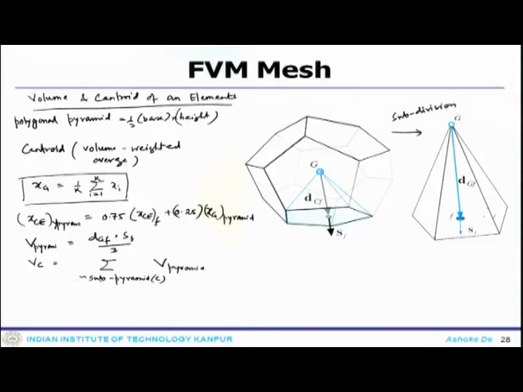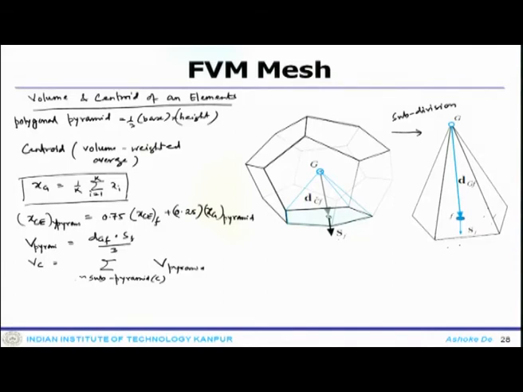Like our previous case, where the tetra was divided into sub triangles, similarly this polyhedra is divided into smaller pyramids. Once we find the volume of each pyramid and sum over those, we get the volume of this particular element.